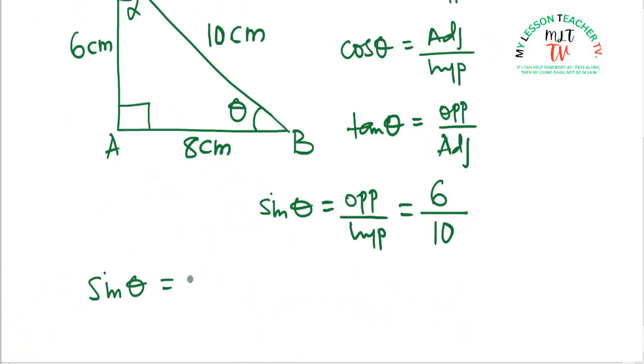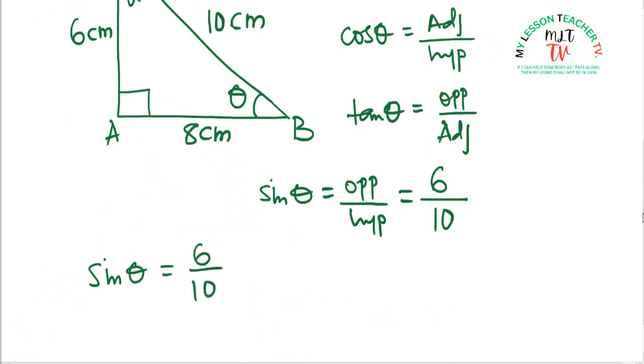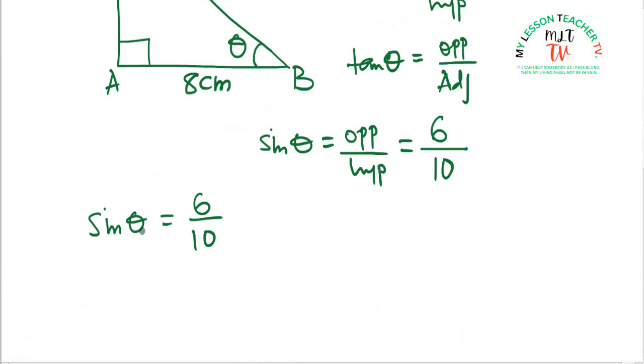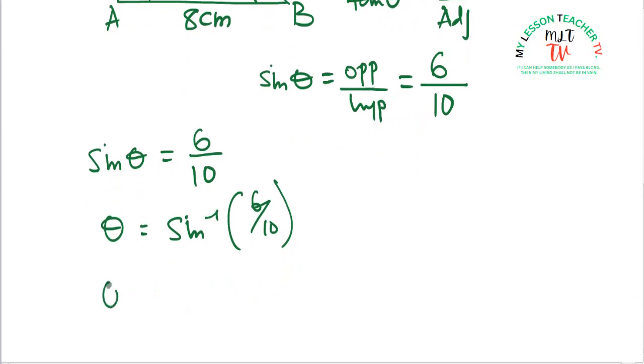If sine theta is equal to 6 over 10, what will be my angle theta? Now, theta is the sine inverse of the ratio 6 over 10, and using your calculator or using your anti-log table, you can get the value of theta.